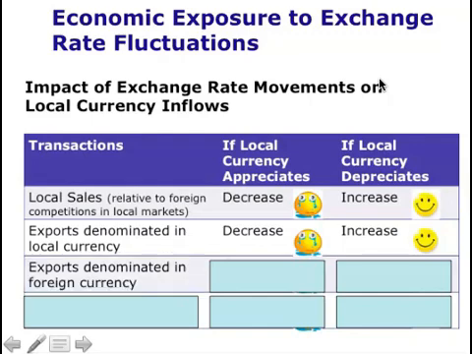Okay, so what happens if exports are denominated in foreign currency? In this case, foreign importers will not need more of their currency to pay for this product, but the amount of local currency to be received will likely be reduced as a result of appreciation in the local currency.